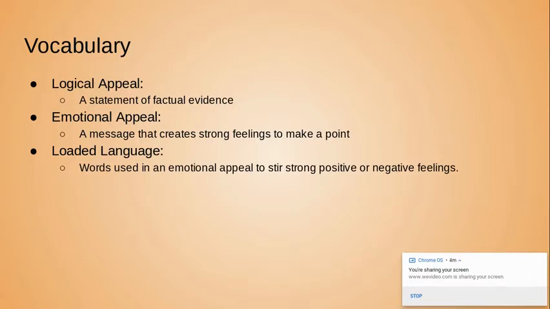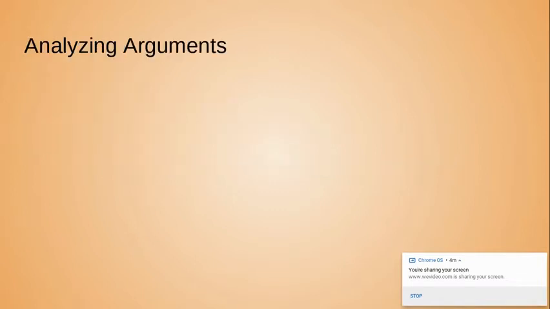When you use that word horrible, it creates a strong feeling. When you describe someone as extremely smart and intellectual, that creates a strong positive feeling. So you're choosing your words to create those feelings. Make sure you remember that when you go for that emotional appeal.